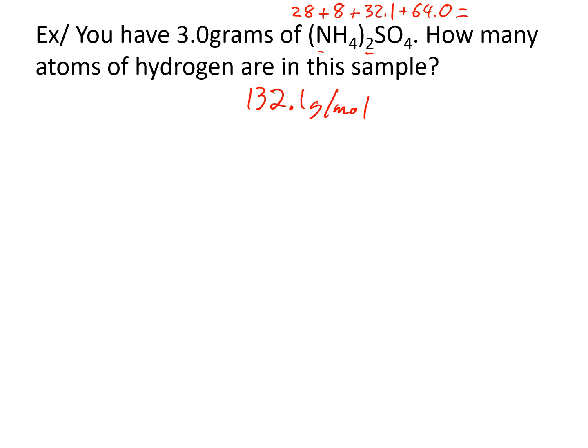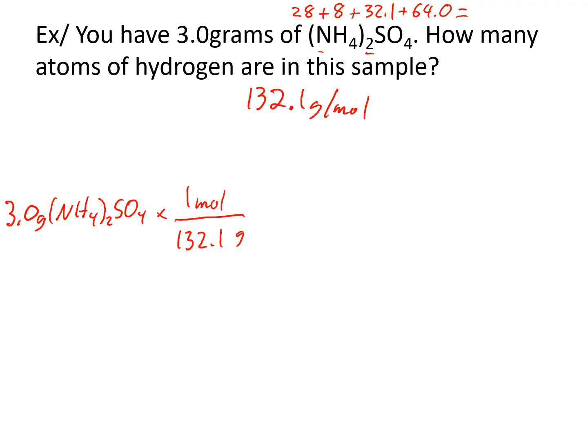Okay, so I have the molar mass. I now have the mass of the sample, and I want to find out how many hydrogens there are. So I'm going to go 3.0 grams of ammonium sulfate. Again, I want grams to cancel out, so I'm going to put grams on the bottom, and I calculate the molar mass.